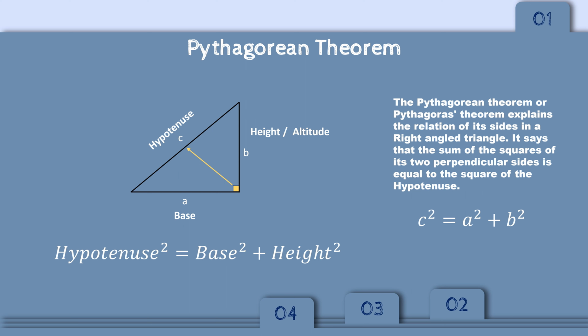Let's take a few examples to better understand how the Pythagoras theorem works on a right angled triangle. In this triangle, we need to find the magnitude of the hypotenuse. Let's consider the hypotenuse is x and the other two sides are 24 and 7.